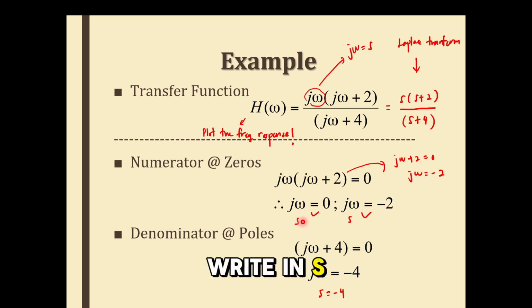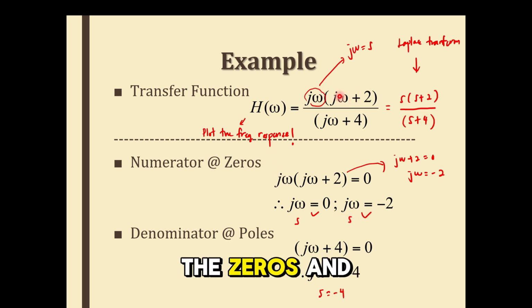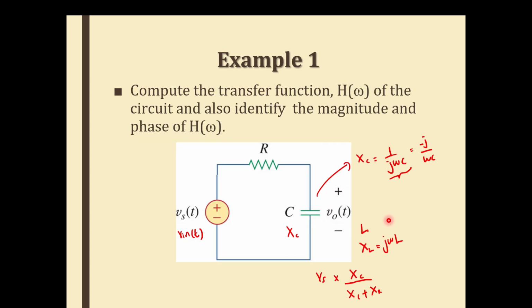Either you can write in s as well: s equals 0, s equals -2. So these are the zeros. As for the poles, we can see that we have a negative form. So this is the pole. We have 2 zeros and 1 pole from this transfer function.